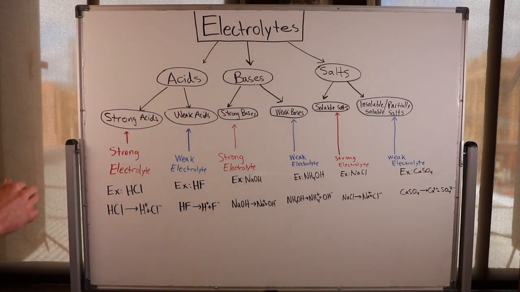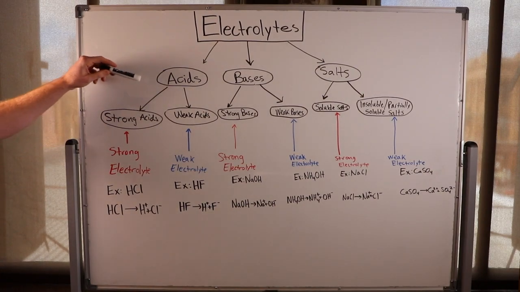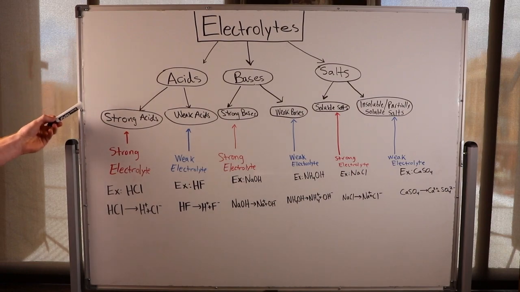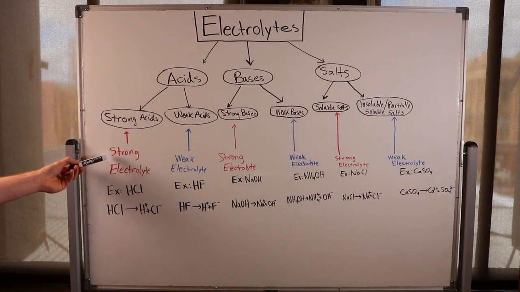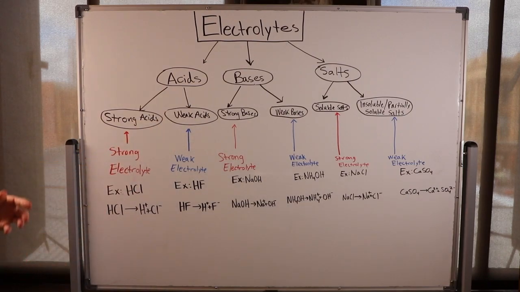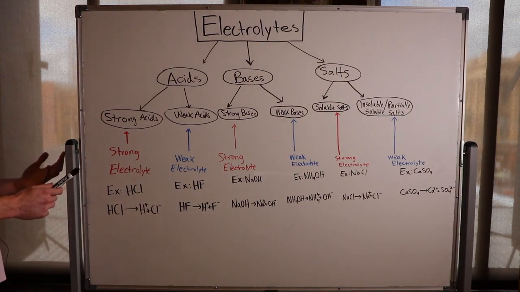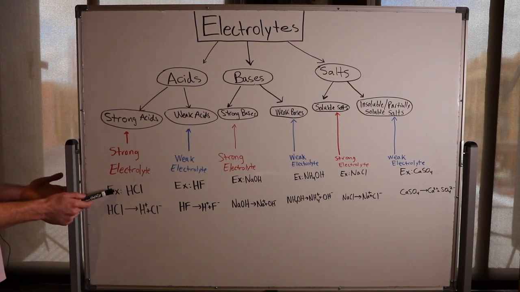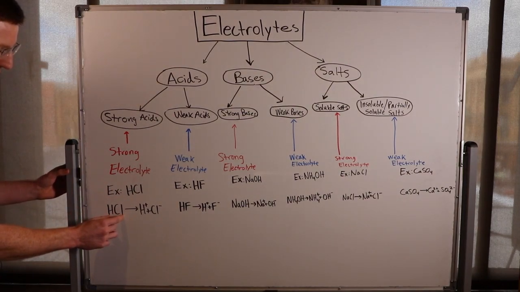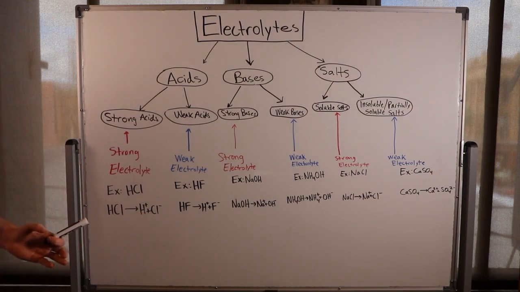So let me explain. Among acids, you generally divide them into strong acids and weak acids. And we generally say strong acids are strong electrolytes, while weak acids are weak electrolytes. So what's an example of a strong acid? Well, HCl, hydrochloric acid. Why do we say this is a strong acid? Because when you have HCl, it dissociates into its respective ions almost completely.